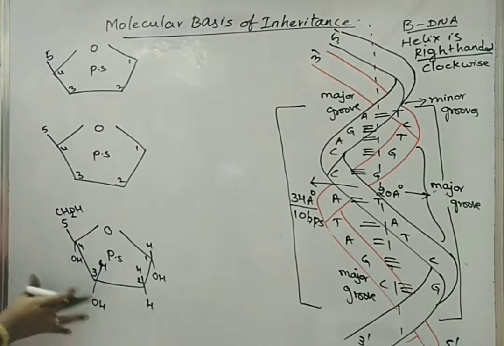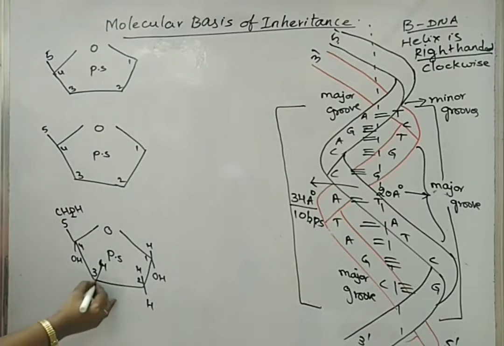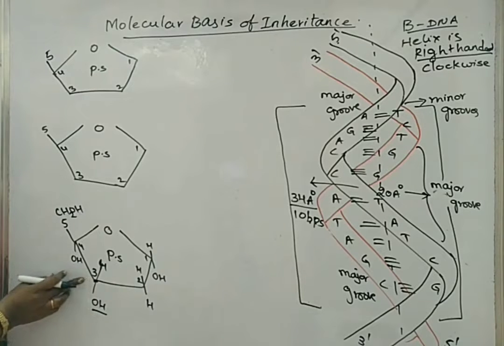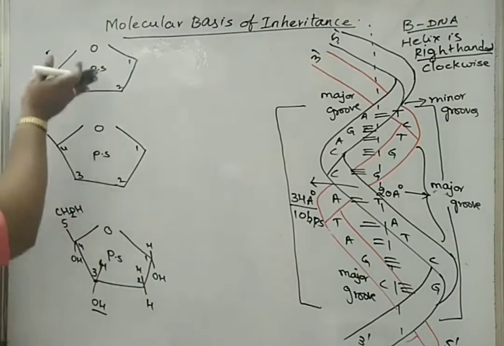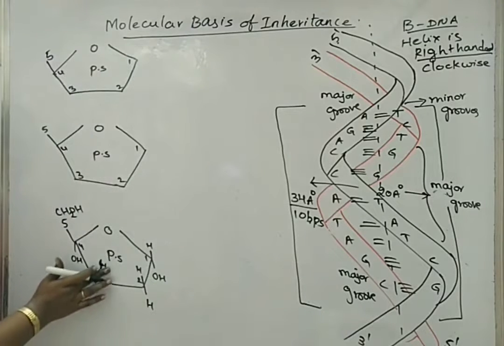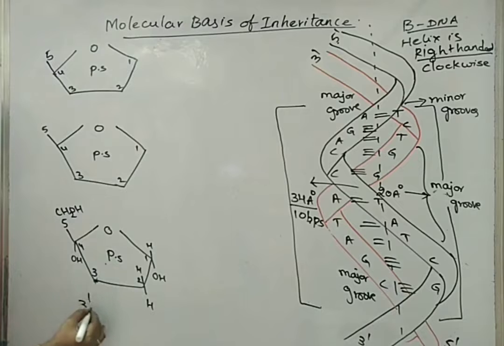In this small DNA fragment, this end of DNA is ending with the 3 carbon position, that is a hydroxyl group on the 3 carbon end of the pentose sugar. So we will label this end of the DNA as 3' end.